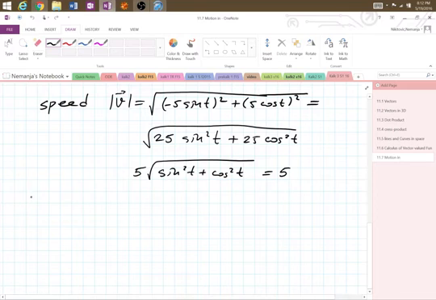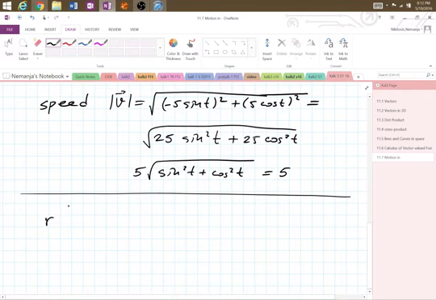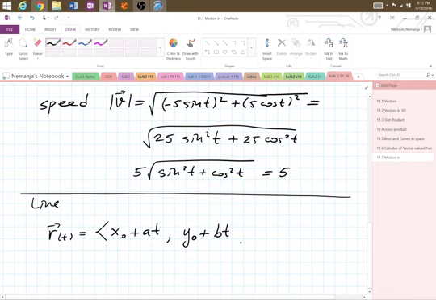Let's take a look. So if we have r, so let's go with the line. r of t is given by the parametrization, hopefully you remember, x0 plus at, y0 plus bt, z0 plus ct.